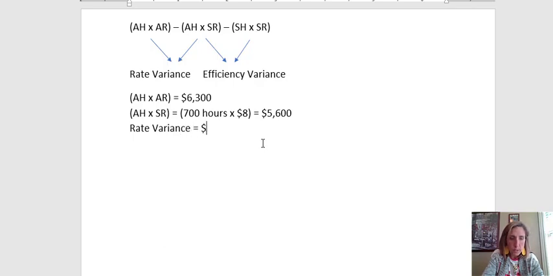So my rate variance equals 6,300 that I actually ended up paying in labor cost minus 5,600. So again, if you set it up consistently in this format, a negative number would tell you that this is favorable, but a positive number like we have is going to tell you that it is unfavorable.